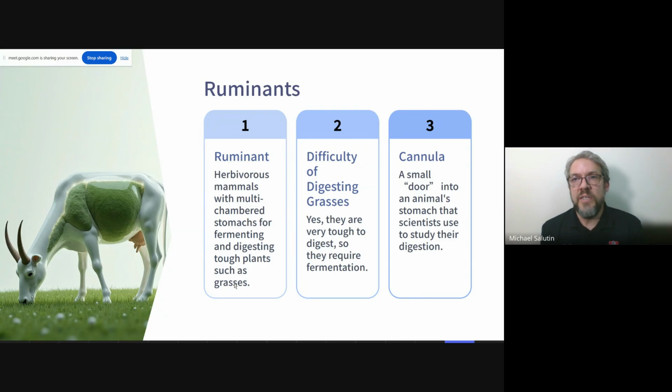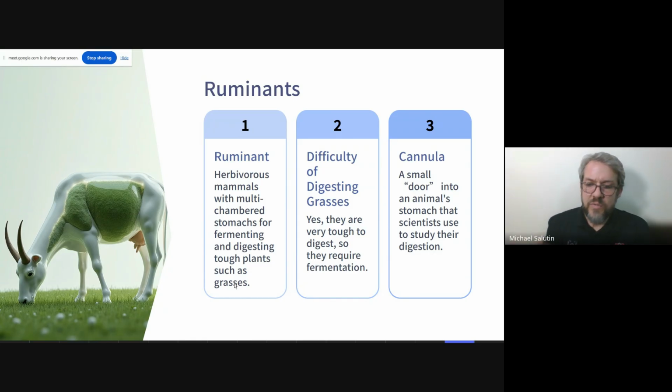So only animals with rumen are ruminants, and almost all of these animals are herbivores that eat grass. They're also quite closely related to each other. So that rumen and the four-chambered stomach evolved in one animal likely, and then it was that common ancestor that led to that digestive system being found in all of the others.